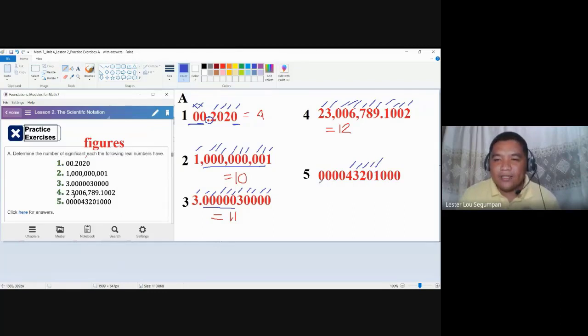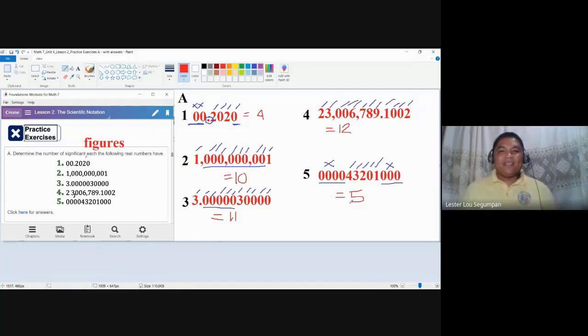The leading zeros are not significant. How about the trailing zeros here? The trailing zeros should be significant if we have a decimal point here. Since we don't have a decimal point, these 3 are non-significant. So how many significant digits are there for number 5? You only have 5 significant figures or significant digits.